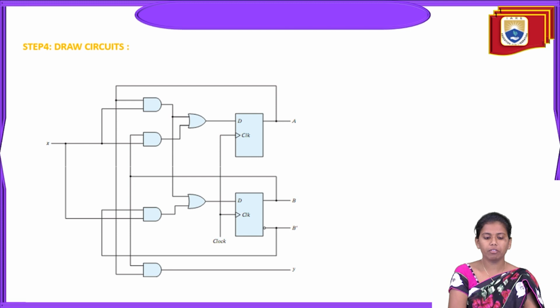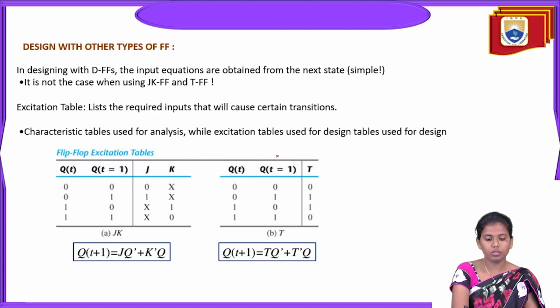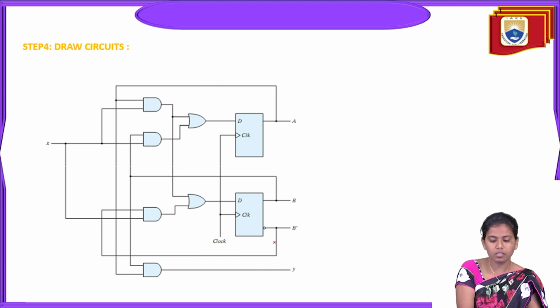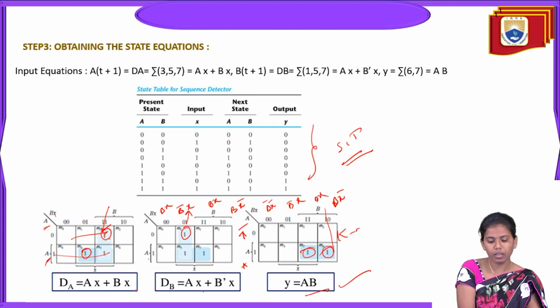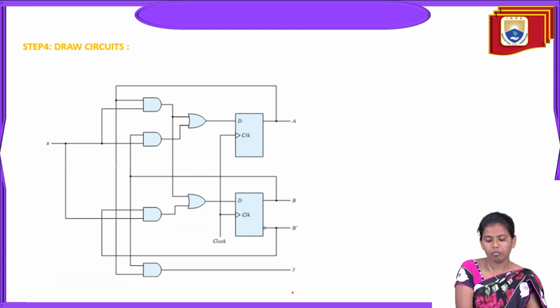After the state equations, we can draw step 4, the circuit diagram. So this is a circuit diagram. We have drawn this circuit diagram with the help of the state expressions AX plus BX, AX, BX bar, and Y is equal to AB. So this is Y. Y is nothing but AB.